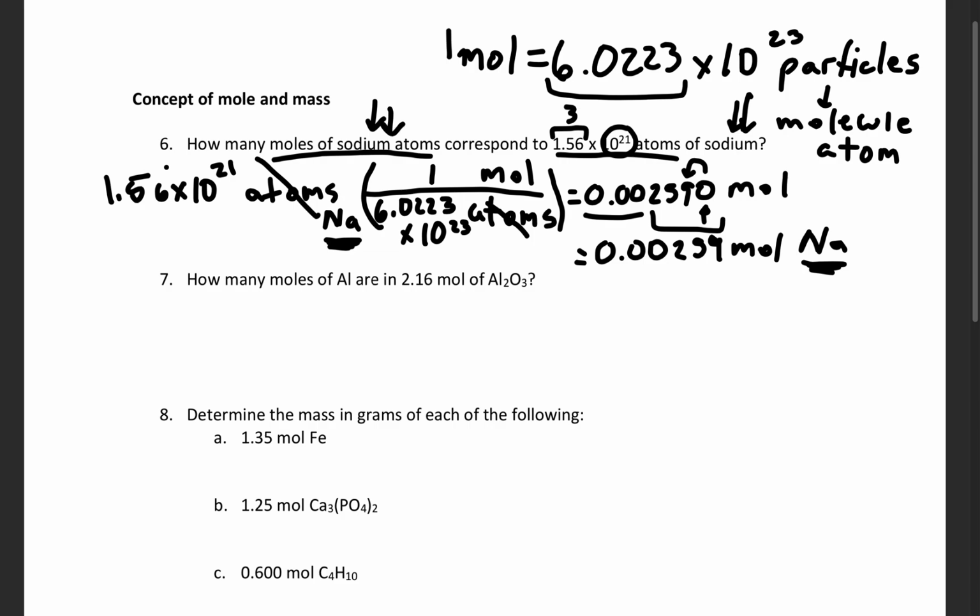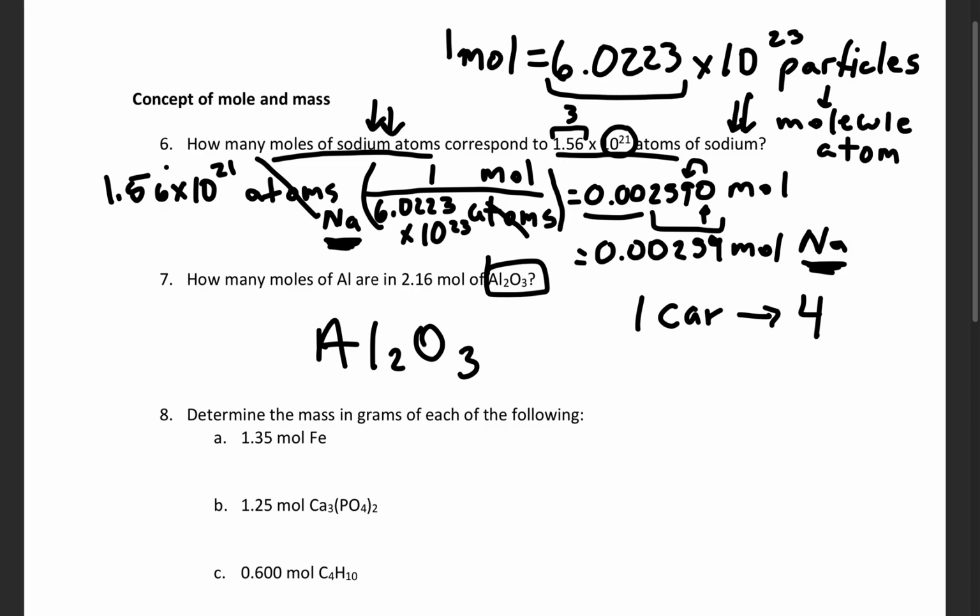So this is one of those questions where you have to know that, if I say that you have aluminum, if I have a car, one car has 4 tires.